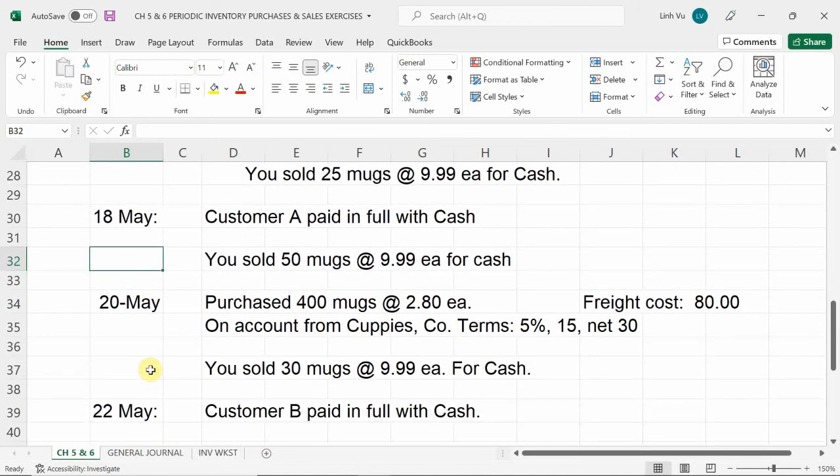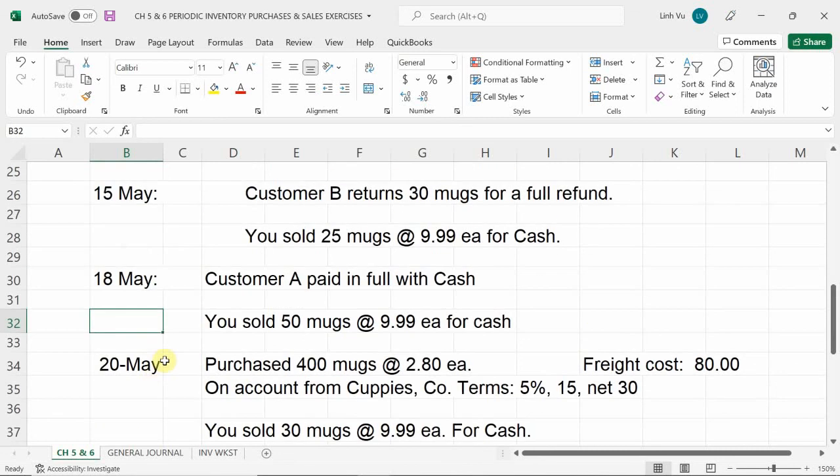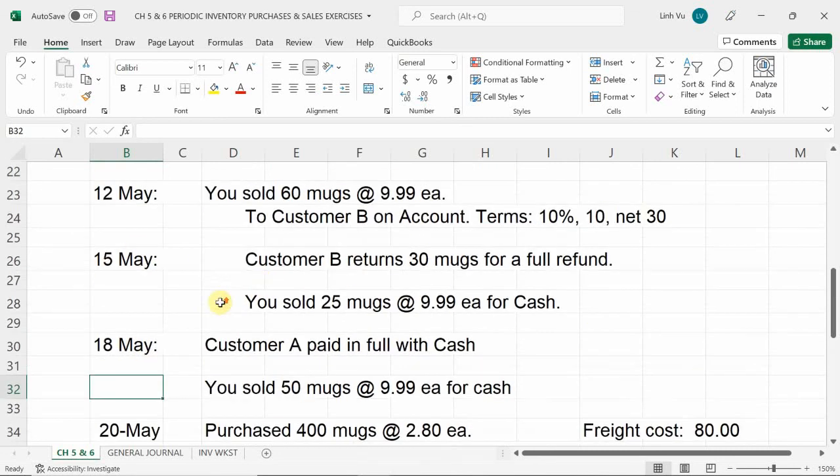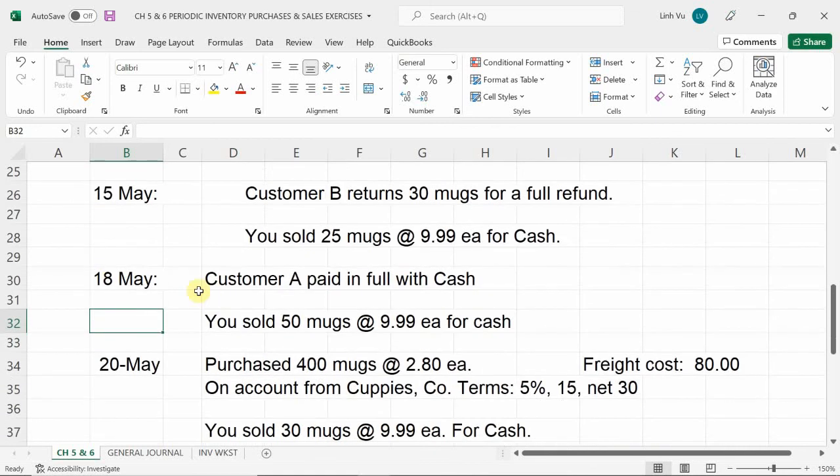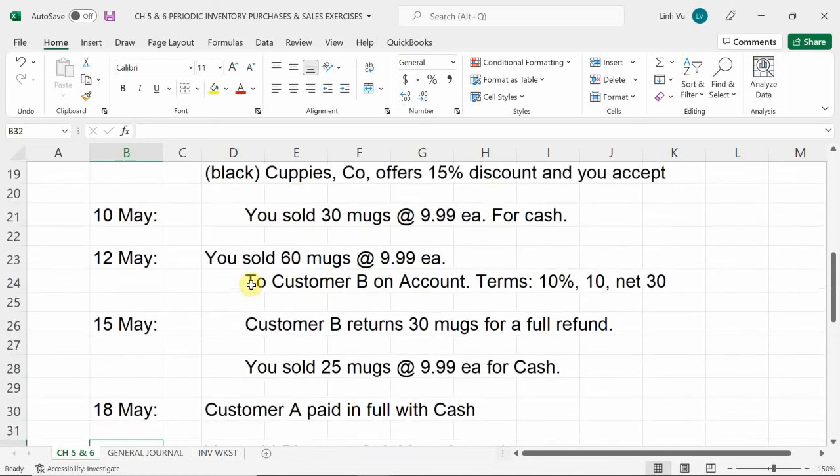So then May 20th rolls around, right? May 18th, excuse me, I skipped one. May 18th, right? We end up, customer A decides to pay in full with cash. Now let's take a look at our records.